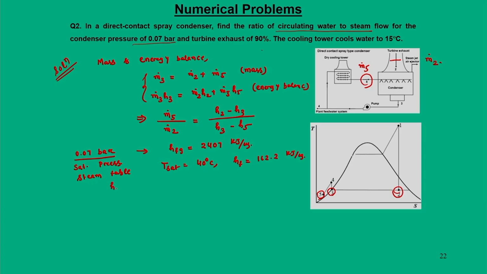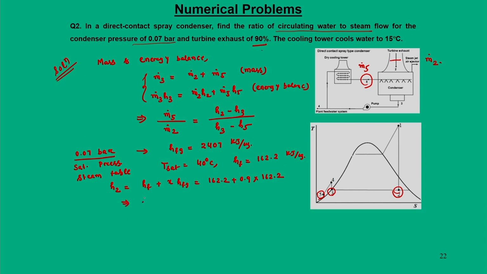So, H2 is equal to HF plus X times HFG, with X as 0.9, which is 90%.